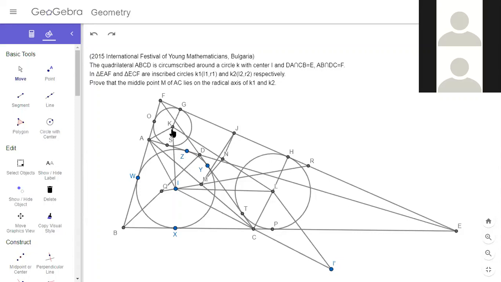So we want to show MK squared minus KG squared is ML squared minus LH squared.